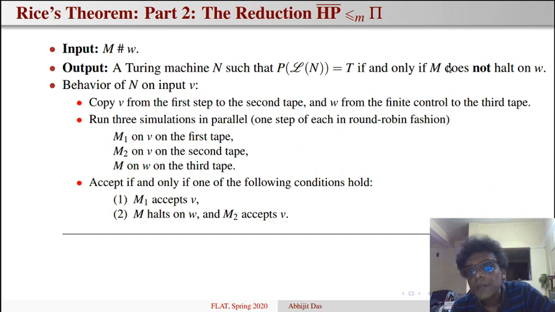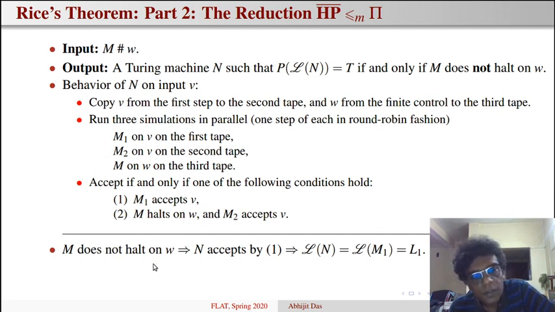This is an AND condition, right? If M does not halt, the second condition is never satisfied. So in this case, N accepts V if and only if M1 accepts V. In other words, N and M1 have precisely the same language, which is L1.